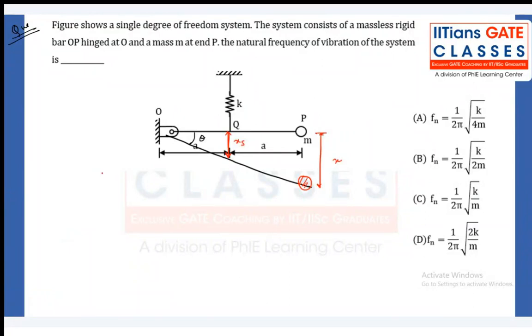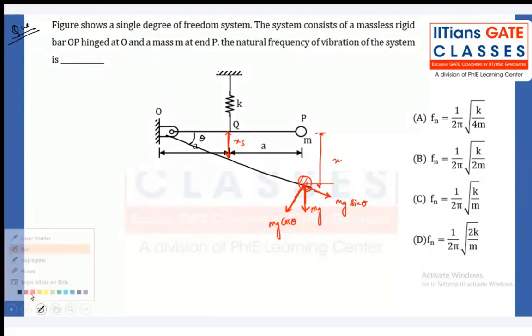What are all the forces that will be acting in the system? First of all, mg weight will be acting in the downward direction, and this angle is theta. Then what about this angle? This angle will be 90 minus theta. Then what about this component? This will be mg sine theta. And what about this component? This component will be mg cos theta.